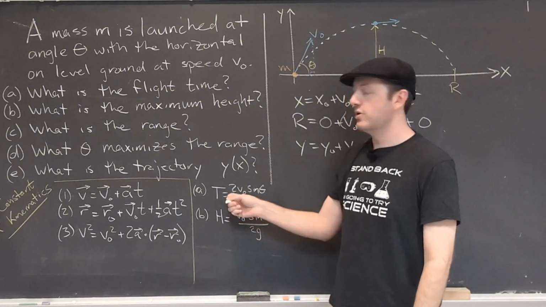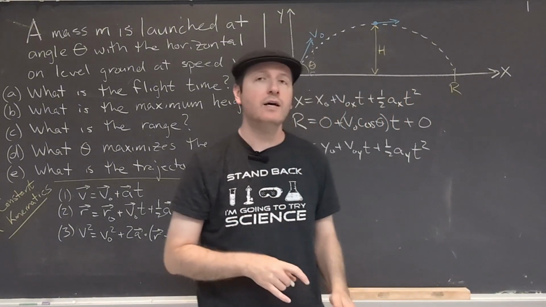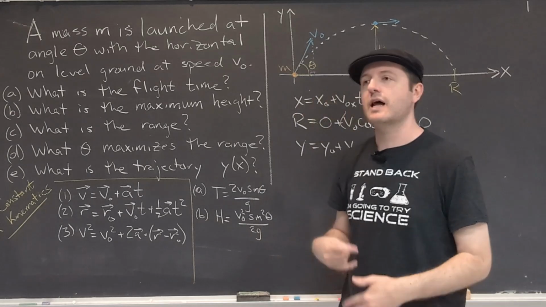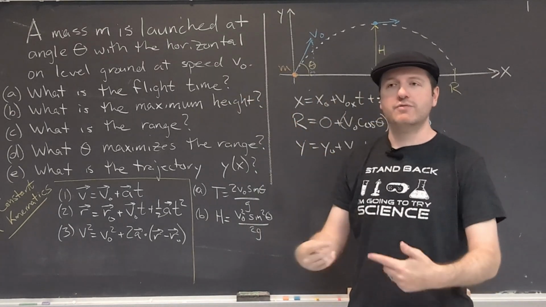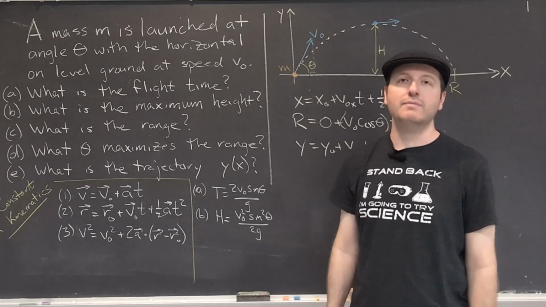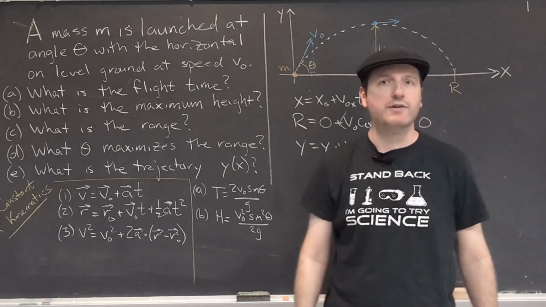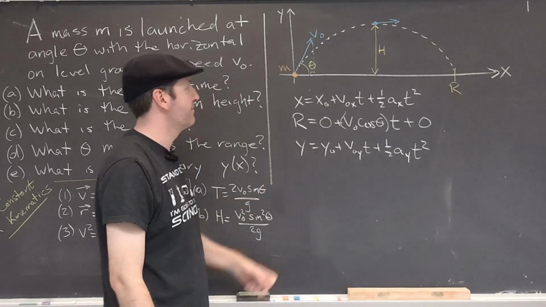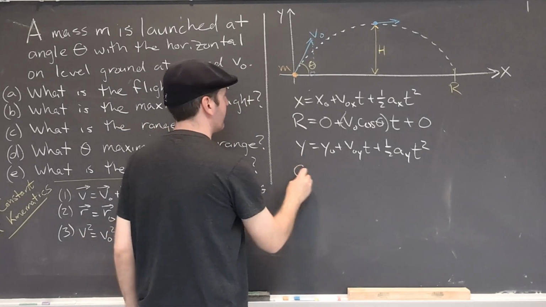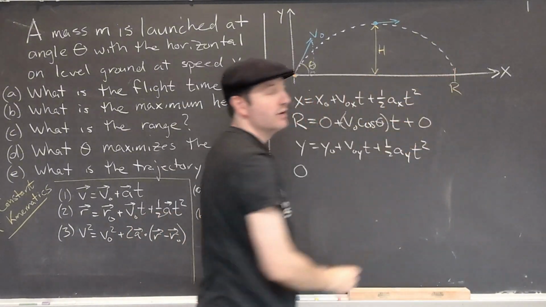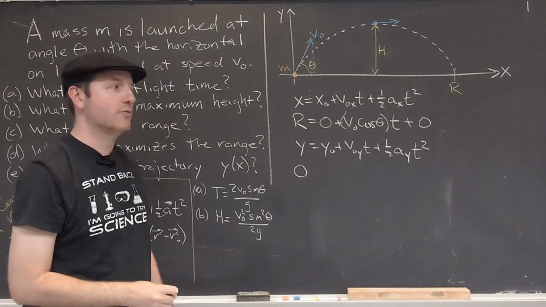We could indeed plug this in right there and be done, but in practice, it's generally good not to involve previous calculation in each of your calculations, just in case you made a mistake. So let's derive it from scratch by looking at the y condition. Notice that my final height is 0. That's the height when we reach the level ground once again at the range.